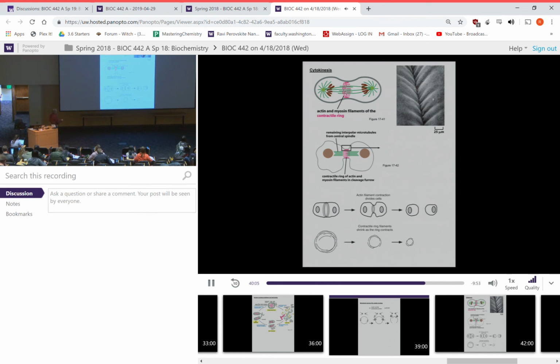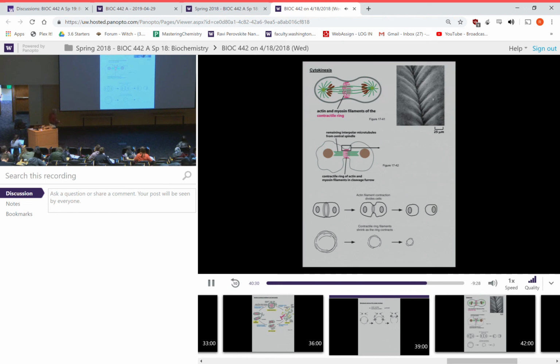So this is what it looks like sort of on a side view. This would be if we looked at an end view. You'd see all these short actin filaments going right around the middle. And what's key is that myosin jumps in here, little molecules of myosin jump on here, and they pull the actin against each other, okay? So they grab hold, and they're motor proteins, and they're pulling the actin together.